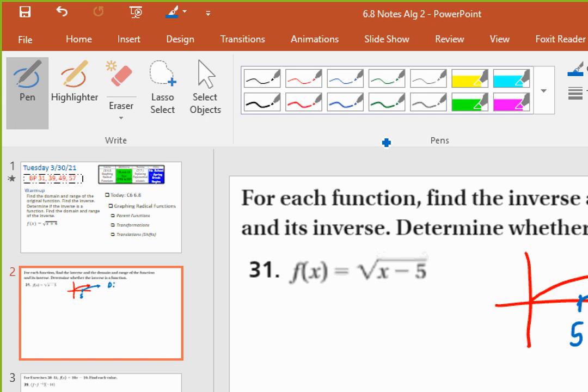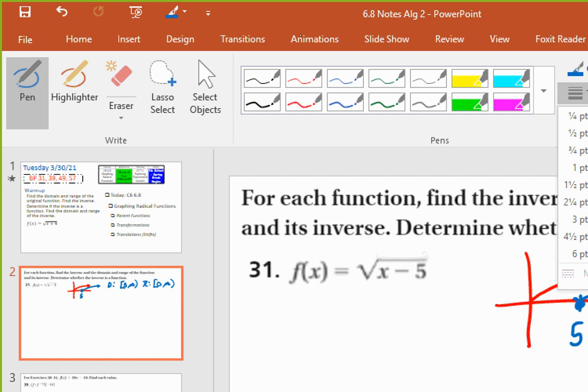In the original function, my domain, my x values, are from 5 inclusive to infinity. My range is from 0 to infinity. Thinking vertically, I can have 0 because it lands right here on the x-axis, and then it goes up from there. So this is the domain and range of the original function.